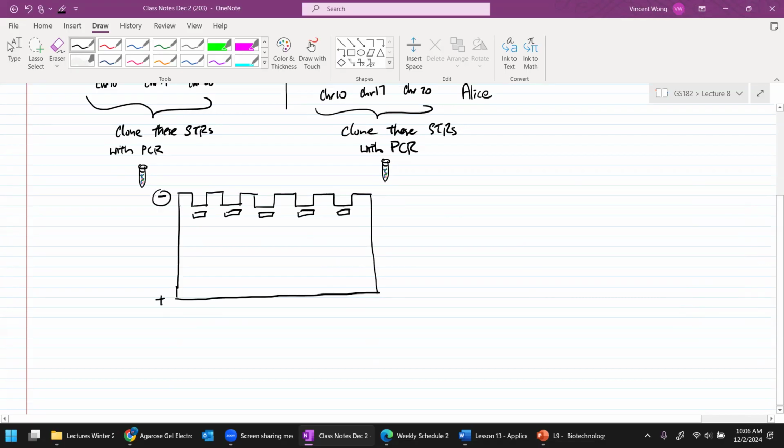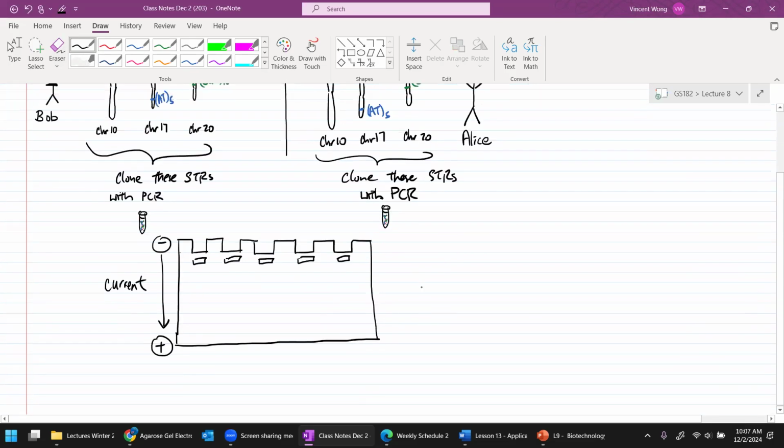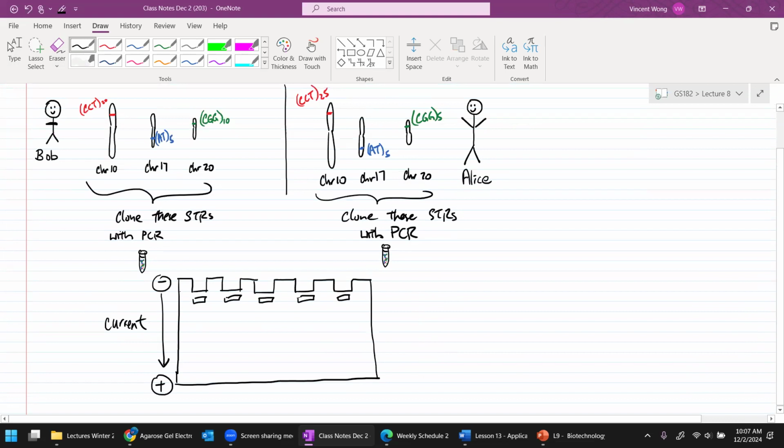Negative at the top, positive at the bottom. This is the current. So let's say I load Bob's sample here.